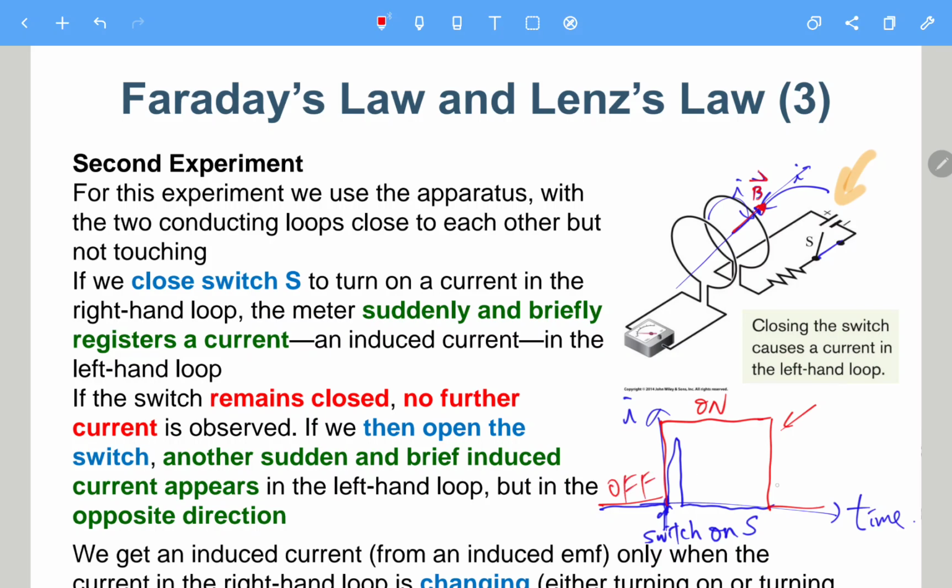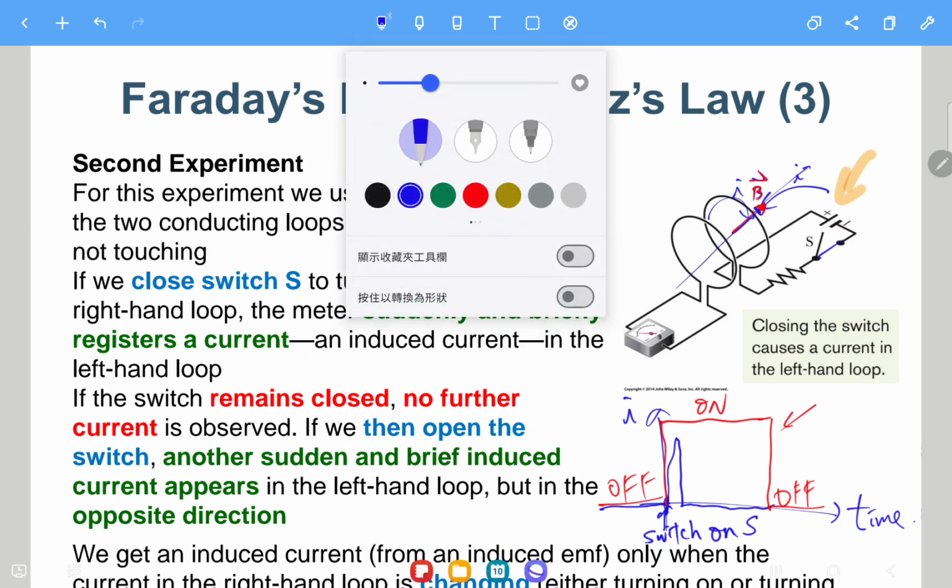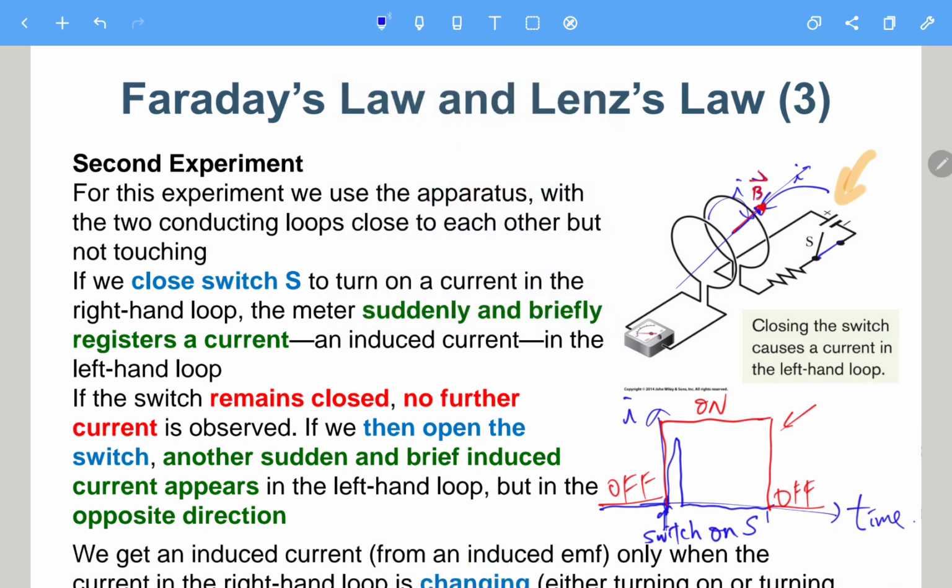This is off. When you turn it off at this moment, you make this switch open, then there will be no current and no B field, but there will be another sudden and brief induced current in the left hand loop, but in the opposite direction, which means that the current will be something like this.